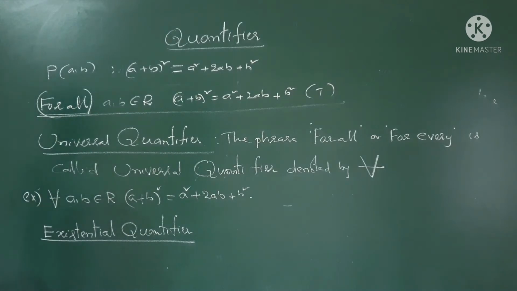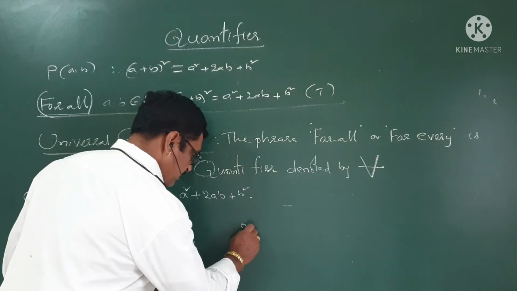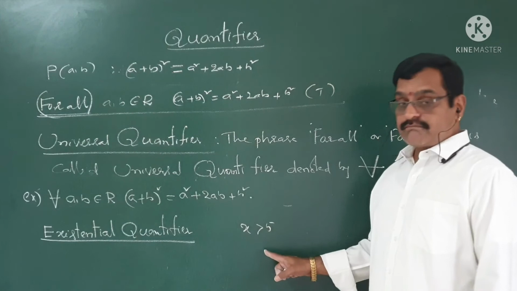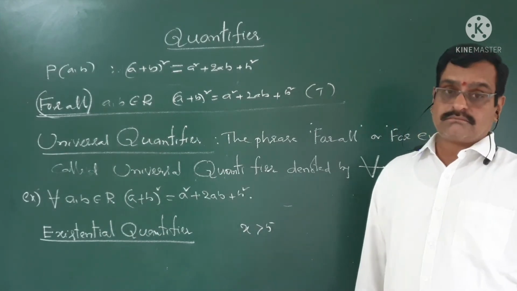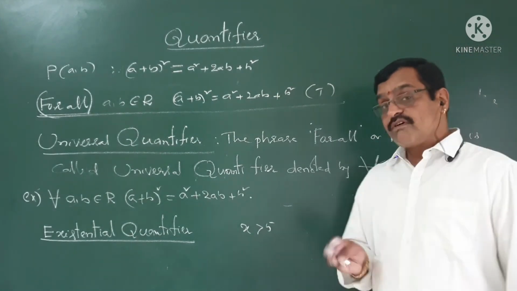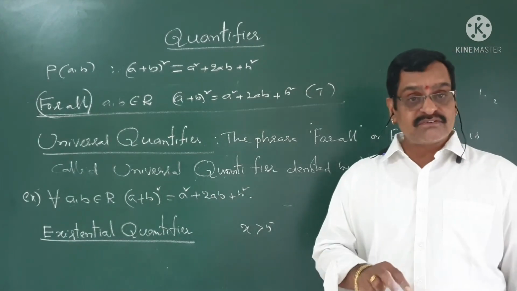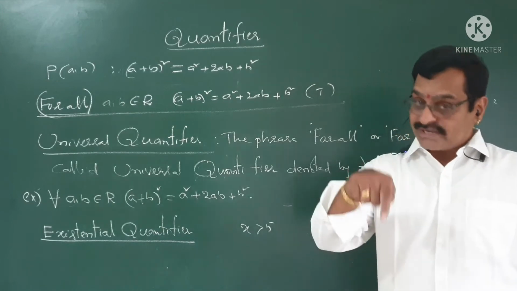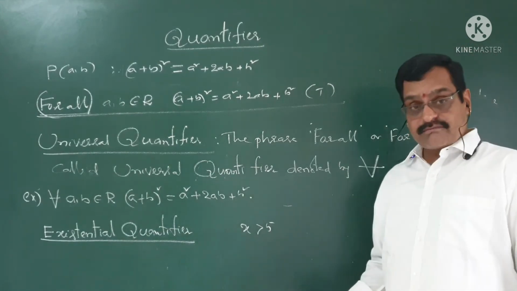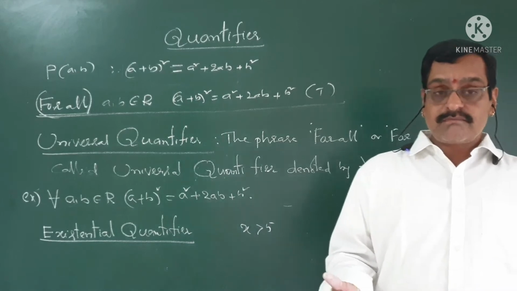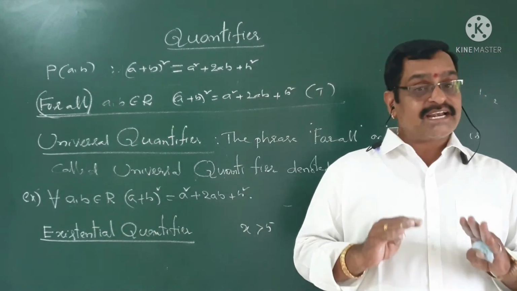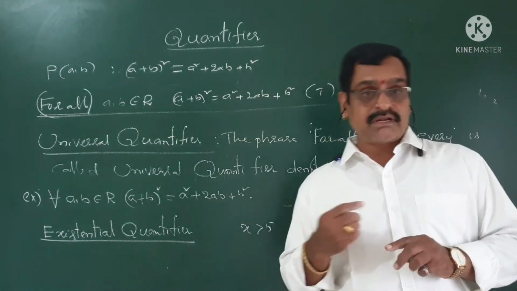Now, let me explain this by using one example. Say I'll take x is greater than 5. This is not true for all, but it's true for some. For some means at least one. That means there exists at least one x for which x is greater than 5. At least one means not all but some, but not exactly one; it can be one or more than one.